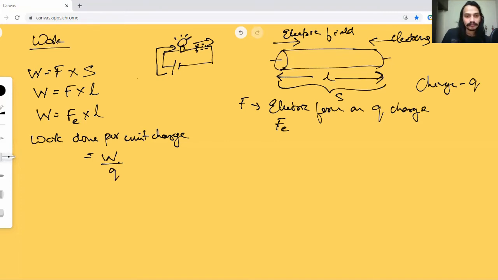So if I do this, I already know the value of work, which is nothing but electric force into length of the conductor divided by Q, right? So if I have this formula, work equals F_E into L, electric force into length, divided by Q, I can find the work done per unit charge.